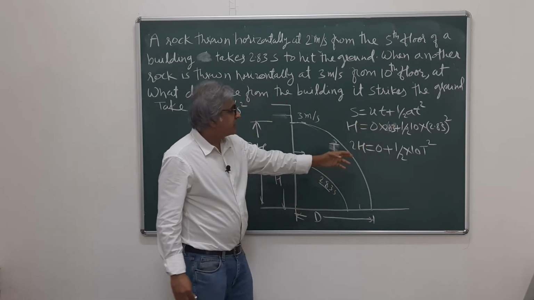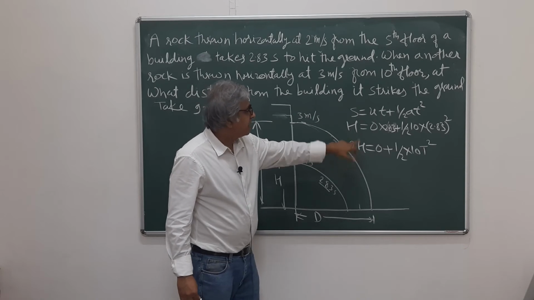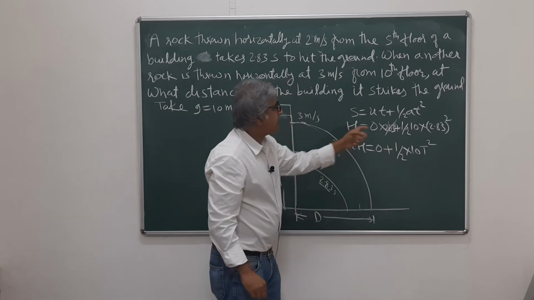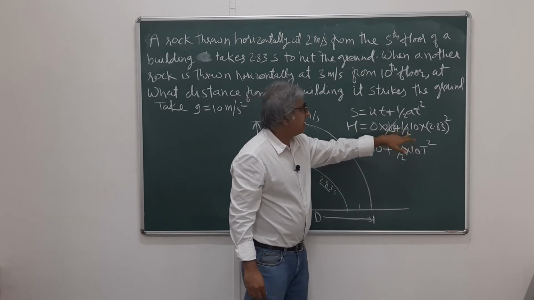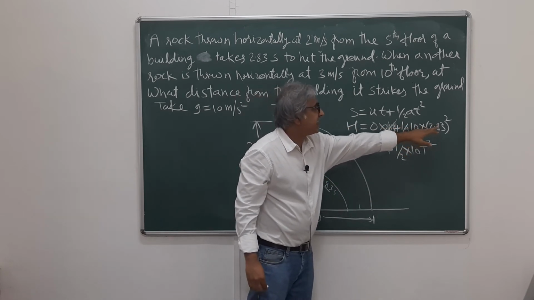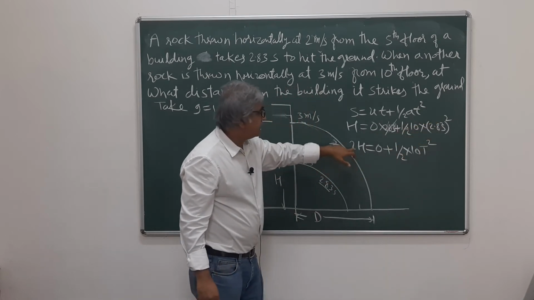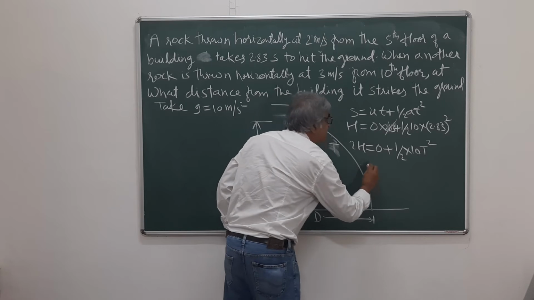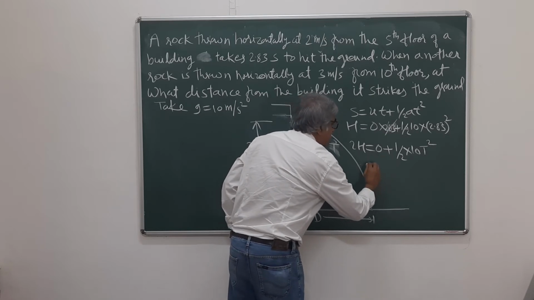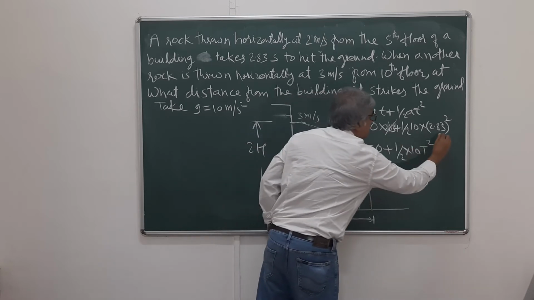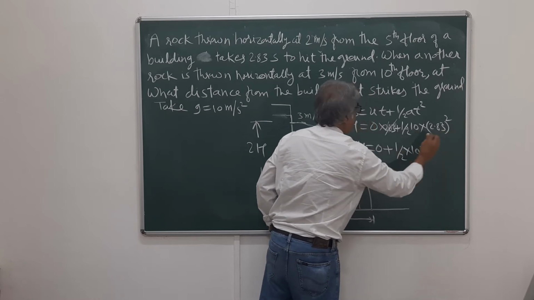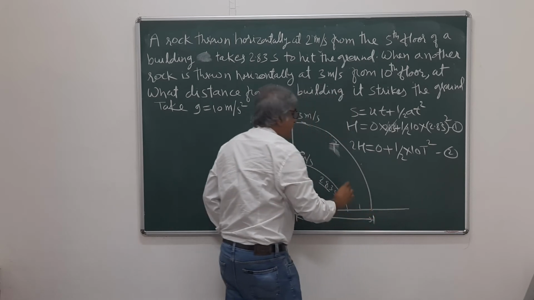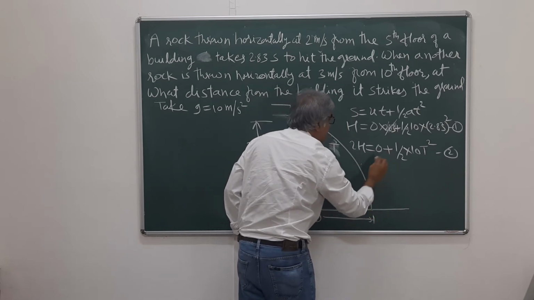So from this equation, from here you have got h, h is equal to 5 into 2.83 square, and you can substitute the value of h here. So we can combine these two equations. This is 1, this is 2, and you can solve this equation.